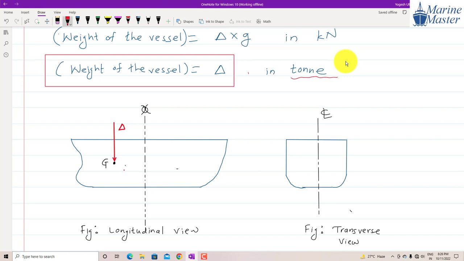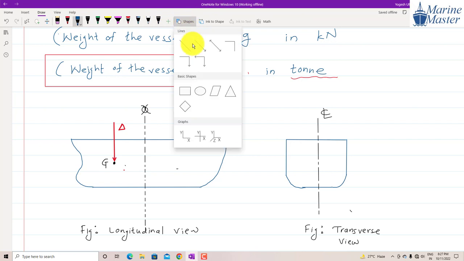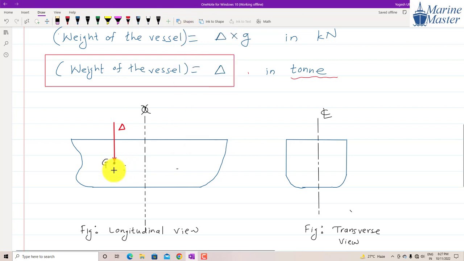So in this view, now here this distance of point G, observe the things here carefully. From this point I am going to draw a dotted vertical line, not a horizontal line.